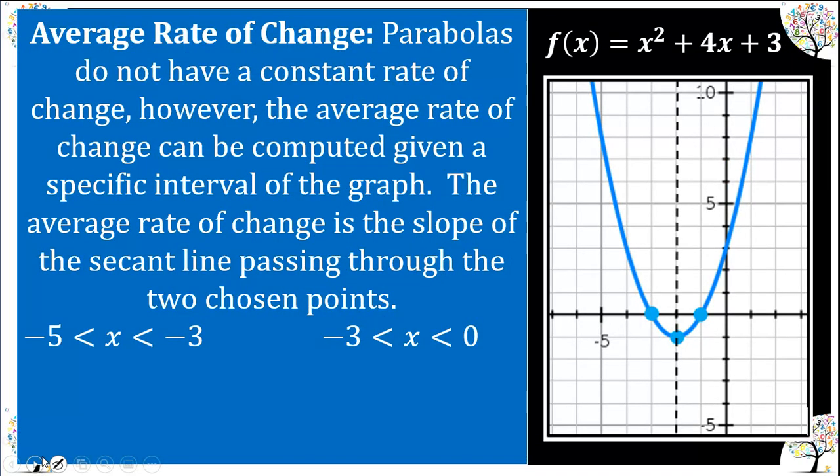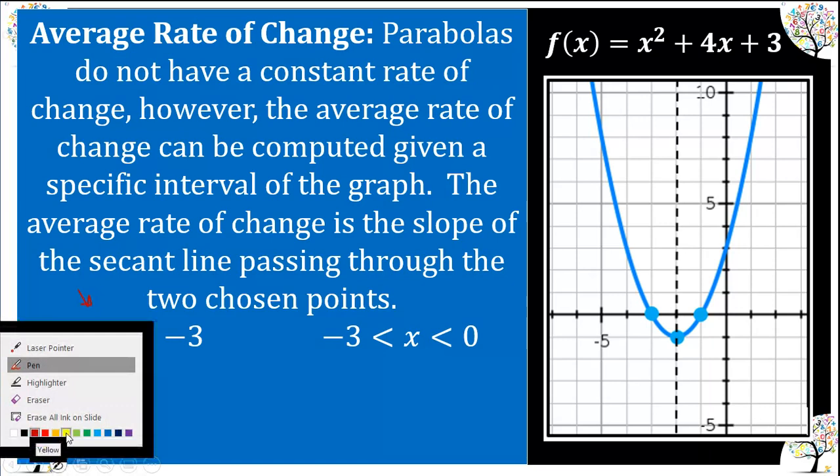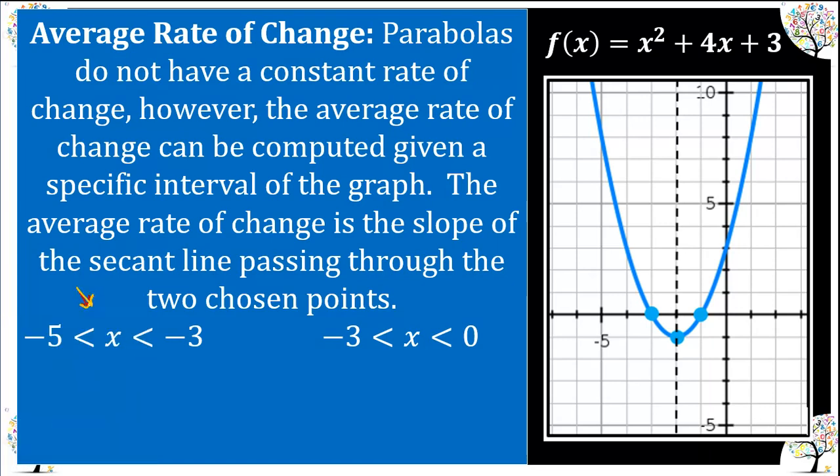Average rate of change, I do want to go over this. So we're going to find the average rate of change over 2 different given intervals. So let's take a look at the first one. I am looking in the area from -5 to -3.